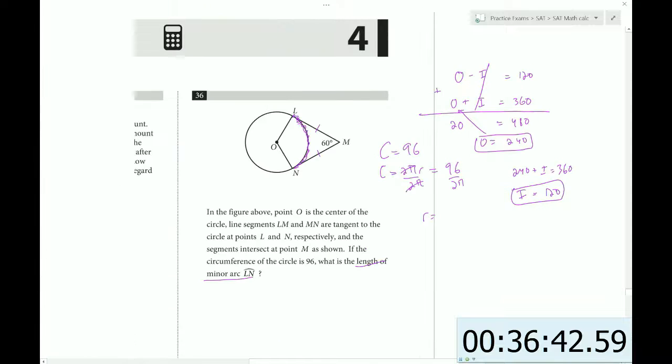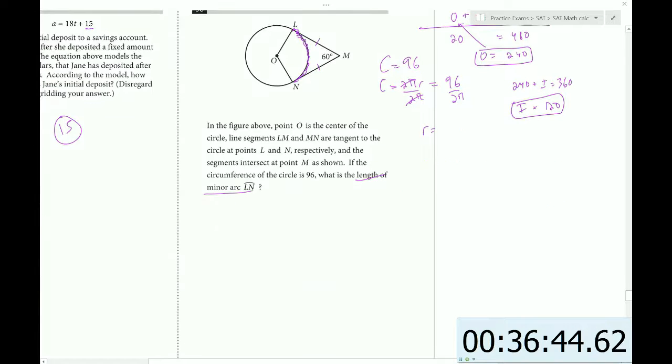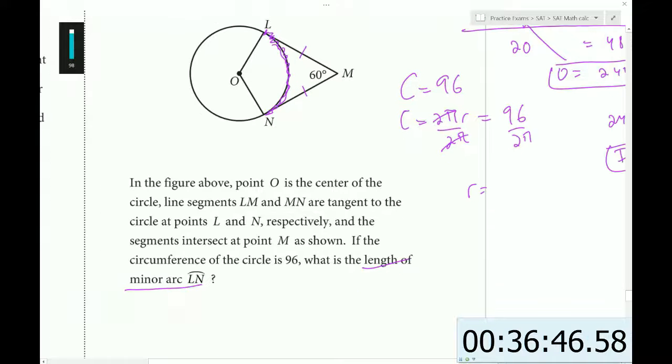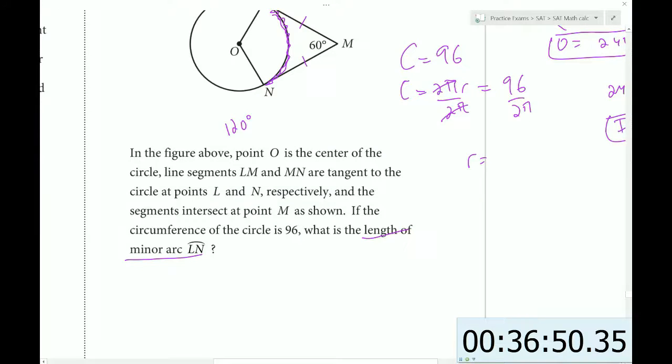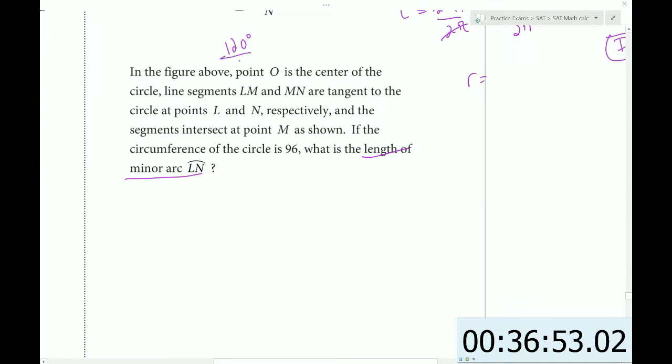So the inner arc is 120 degrees, which means that it's 1/3 of the circumference of the circle, because it's 120 out of 360, which reduces to 1/3. So we take 1/3 of 96. So 96 divided by 3, 3 into 96 goes 3 times, then 2 times. So 32 is the result.